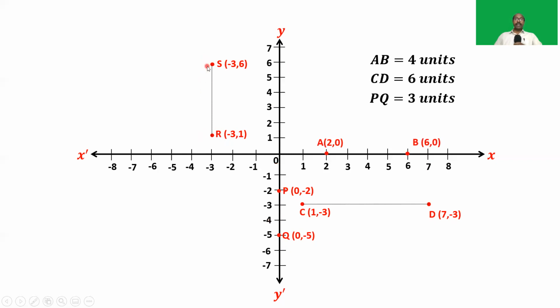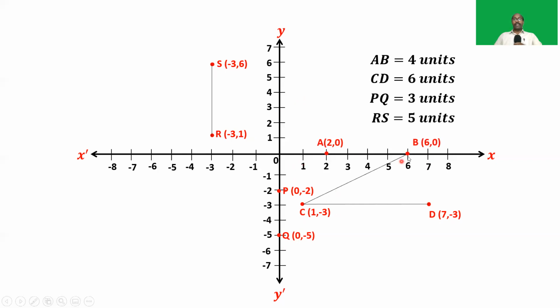And the length of this line segment is 1, 2, 3, 4, 5 units. So here we can say that the length of any line segment lies on y-axis or parallel to y-axis is the difference of y coordinates in that 2 points. Okay.